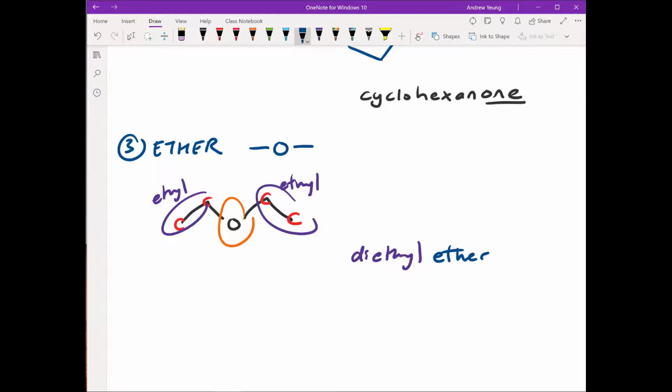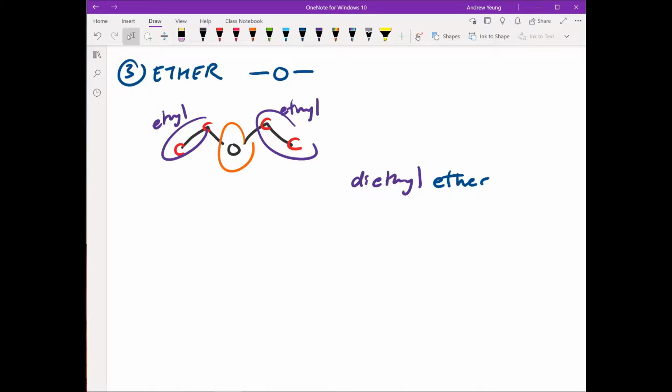If something has a common name ending in ether, it just tells you we have the functionality of an ether. Fine, no problem. If we wanted to get into the fancier name of this one, these sides are actually the same length. But if one side were shorter, the shorter side would be the branch, and we'd use an ending like oxy, so maybe ethoxy for that side.